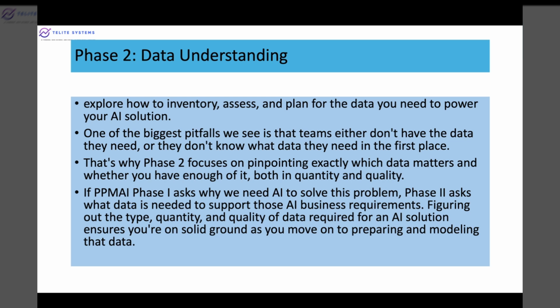Phase two asks what data is needed to support those AI business requirements: figuring out the type, quantity, and quality of data required for an AI solution. This ensures you are on solid ground as you move on to preparing and modeling the data.